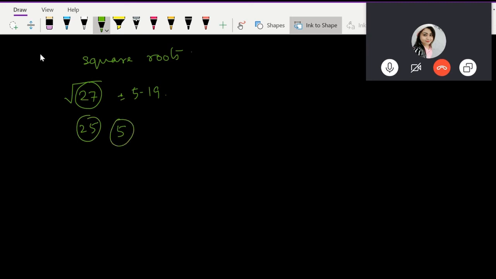So I write 5, and then I take the difference. 27 minus 25 is 2, divided by double of this number, which is 10. That is equal to 5.2.